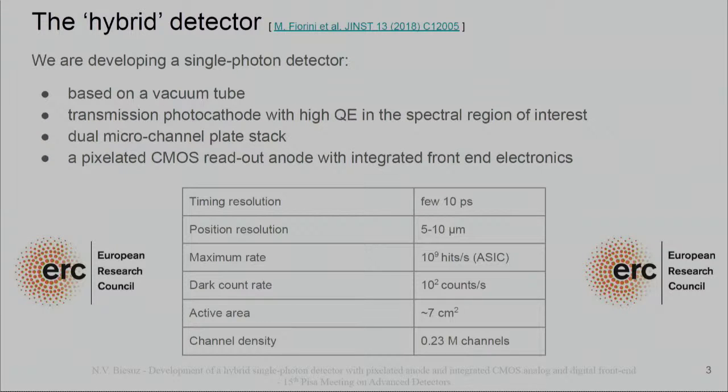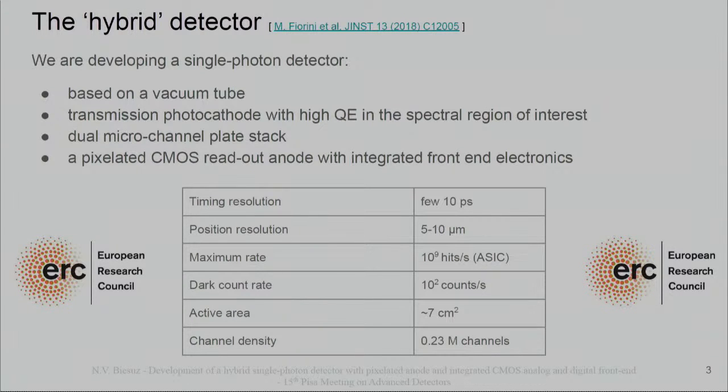This detector will have timing resolution, so time of arrival and time over threshold resolution, of a few tens of picoseconds, a position resolution of 5 to 10 microns. The maximum rate, given by the ASIC, is 10^9 hits per second over the 7 square centimeter area of the detector.